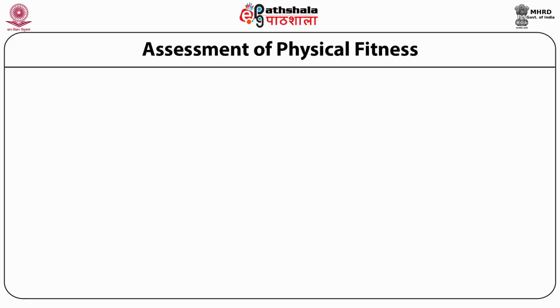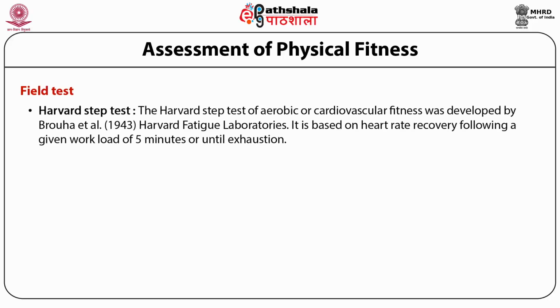Now let's have a look at different field tests to assess physical fitness. One of the most commonly used field tests is the Harvard step test. The Harvard step test of aerobic or cardiovascular fitness was developed by Brouha et al. at the Harvard Fatigue Laboratories. It is based on heart rate recovery following a given workload of 5 minutes or until exhaustion.